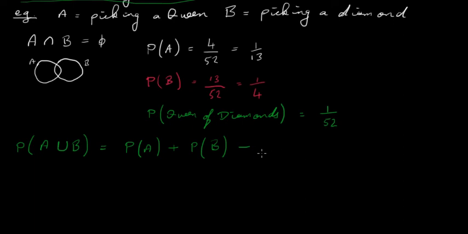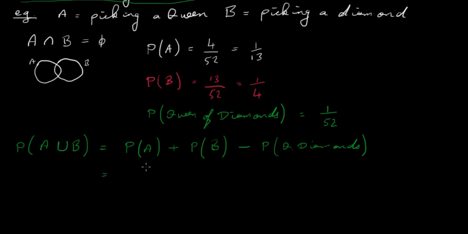But then we must subtract this one here. We must subtract the probability of picking a queen of diamonds. Okay, so we're looking for the probability of picking a queen or picking a diamond. So that's the probability of picking a queen plus the probability of picking a diamond, and then we subtract the probability of picking the queen of diamonds.